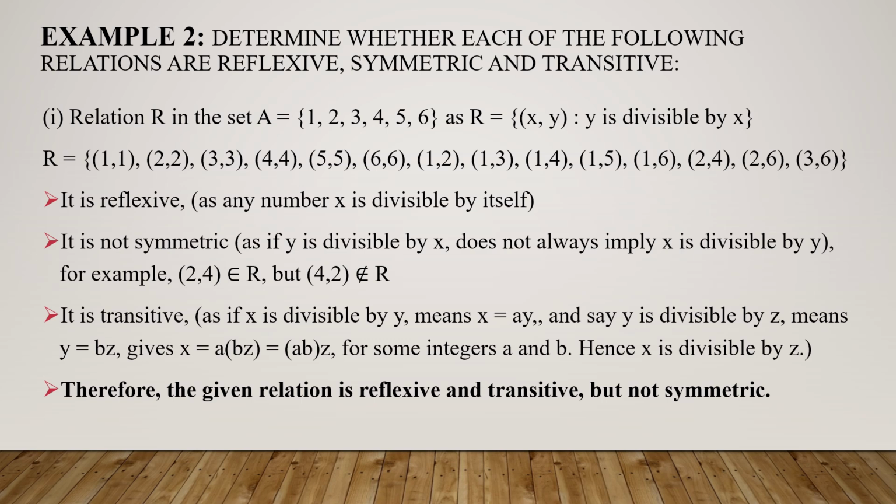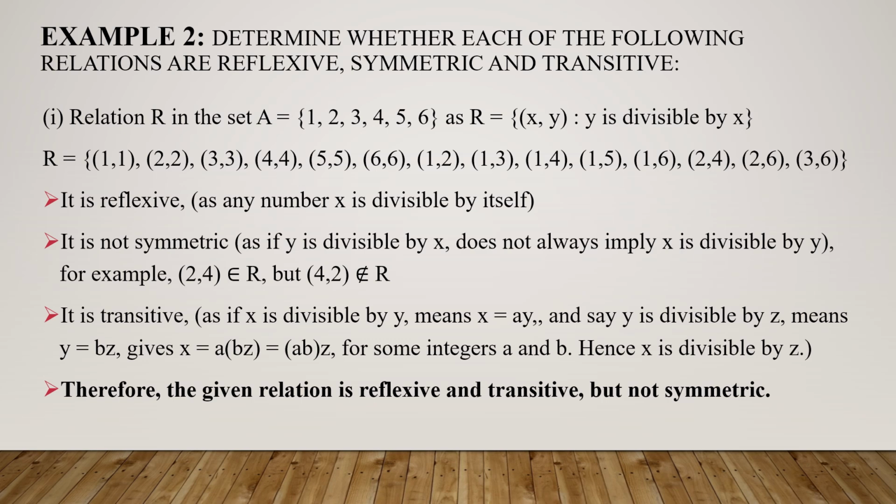Again, say Y is divisible by Z. Means I can write Y is equal to some number B into Z. So now what is X? X is A into Y, but put the value of Y. Y is B into Z. So now X is some number A into B, it is a number into Z. That means if I have X divisible by Y, Y divisible by Z, then I will always have that X is divisible by Z.